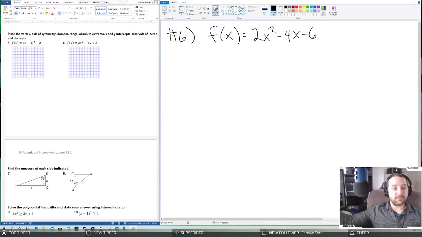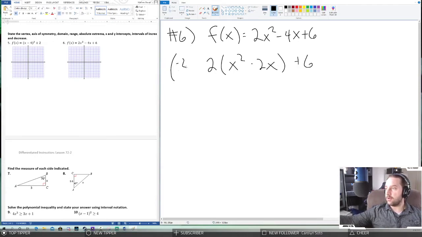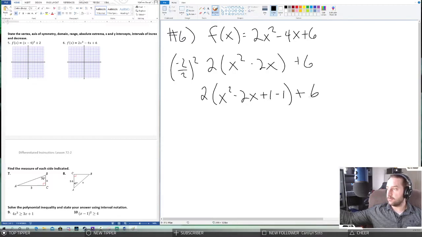It'd be easier if we put this into graphing form. So if I factor out that 2, and we isolate the 6, now I can complete the square, b over 2 squared. So that means we're going to add 1 and subtract 1.